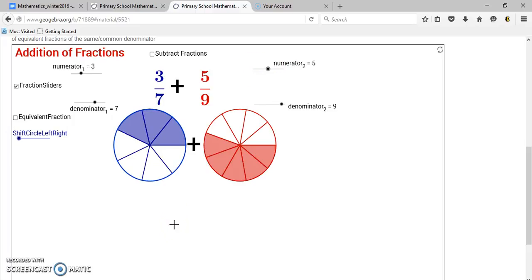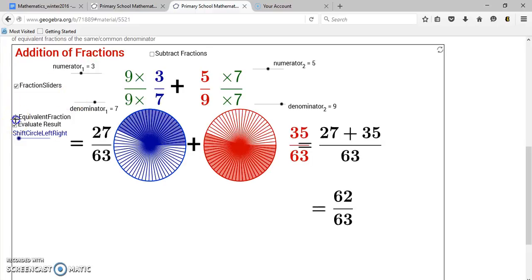So something like this one, you might not be able to immediately know what the common denominator is between the two fractions. So using this tool, if you don't have time to sit there and think, you can just skip to checking the box equivalent fraction, and it immediately comes up with the common denominator between the two fractions, which happens to be 63.